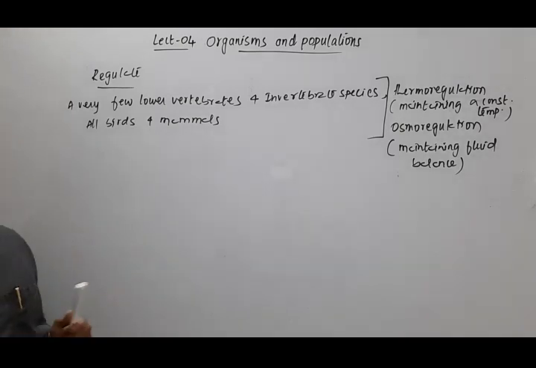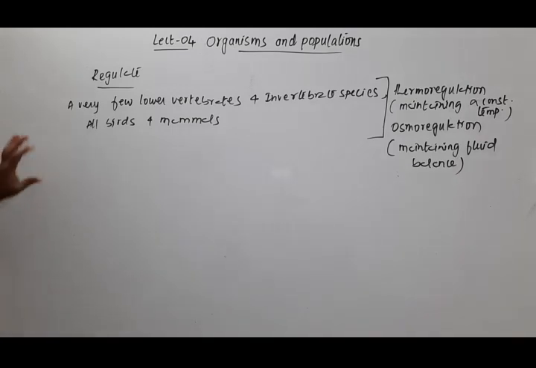Apart from this, all the remaining reptiles, fishes, amphibians, and the majority of invertebrates and lower vertebrates are not able to maintain a constant internal environment, or they are not able to achieve homeostasis.